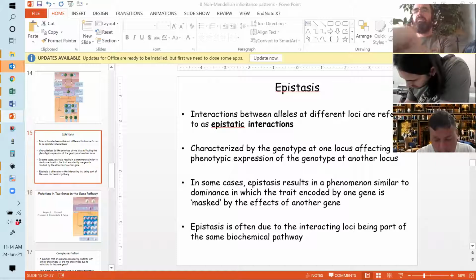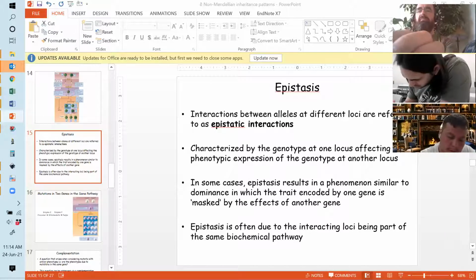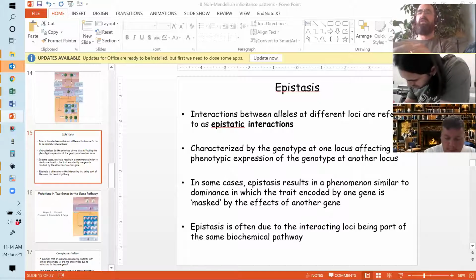A great example of epistasis, and this is dominant epistasis, you can get recessive epistasis too, is fur color in cats, because cats are the bomb when it comes to genetics.